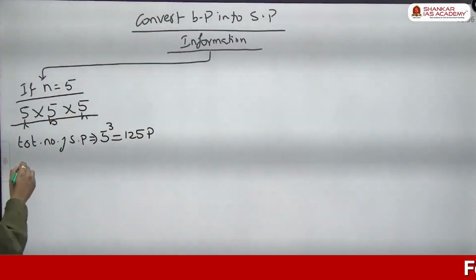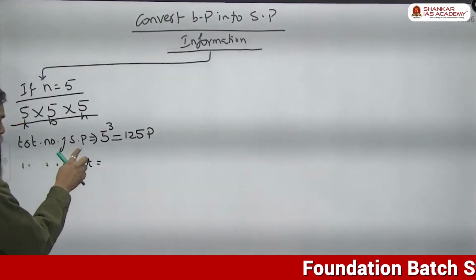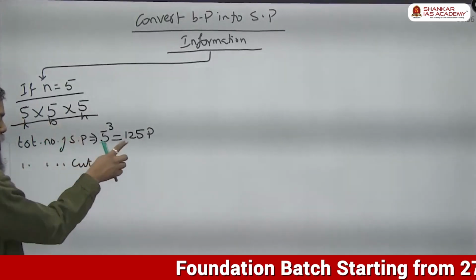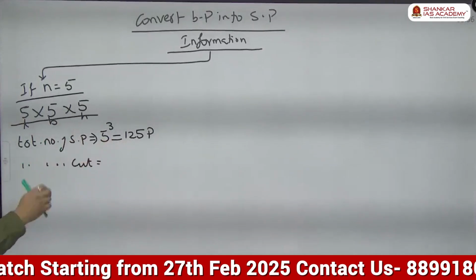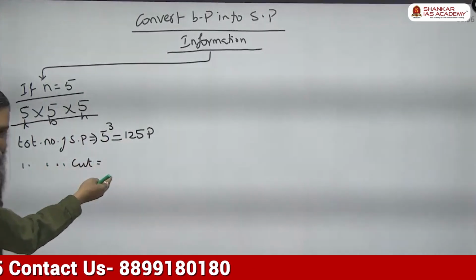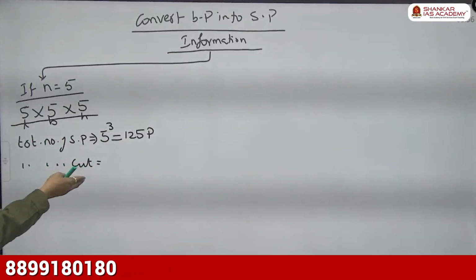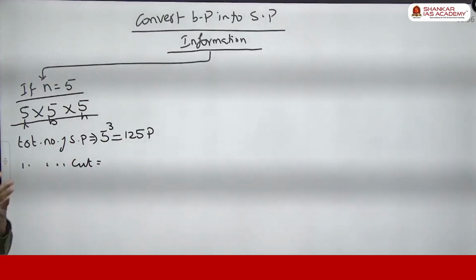Right, okay. Now, what is the total number of cuts? For the total number of smaller pieces, we are deriving the minimum or maximum? For the cuts, we are going to derive the minimum, because in the maximum there is no calculation.